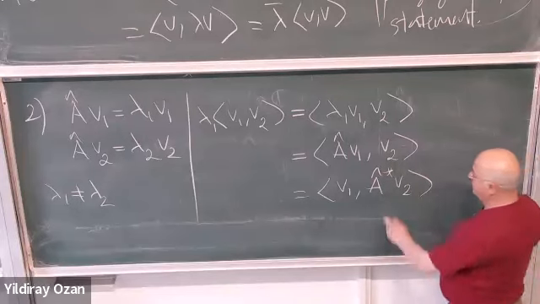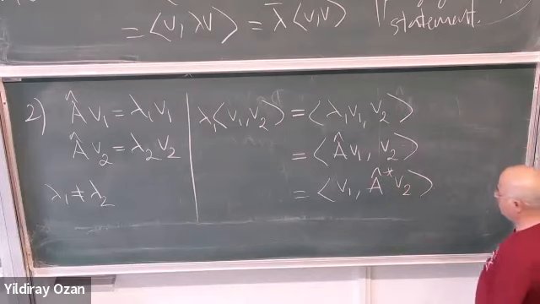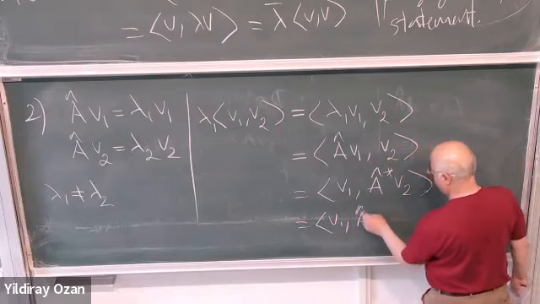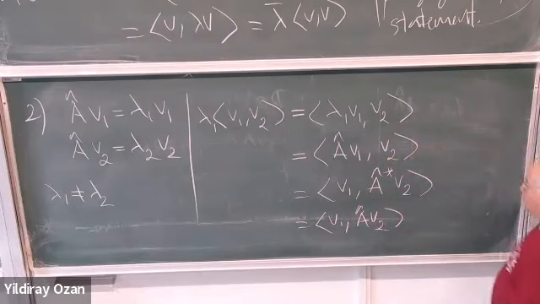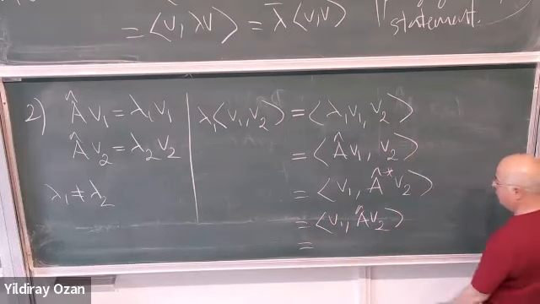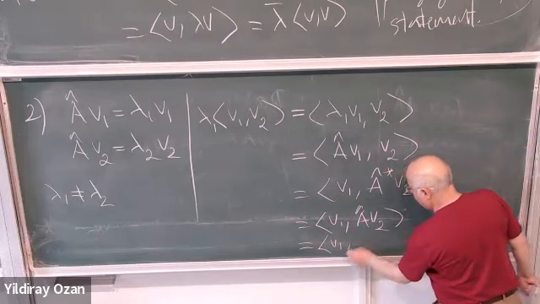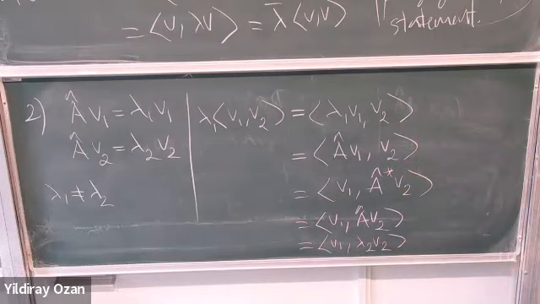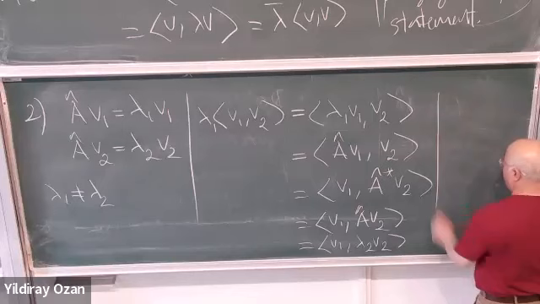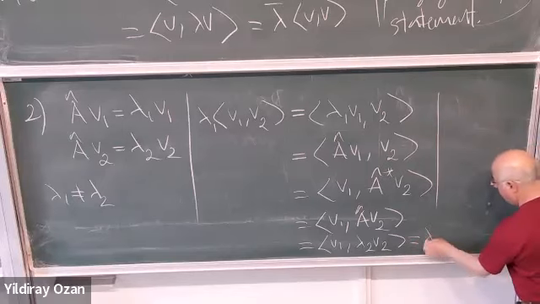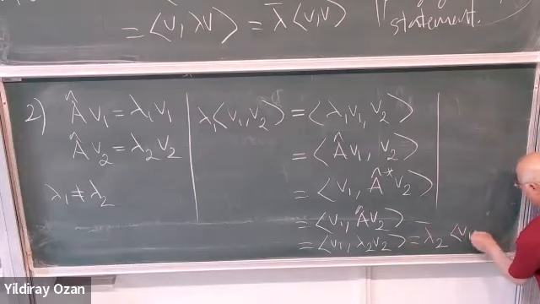But again, since A is Hermitian, this is equal to just V1, A hat V2. But A hat V2 is just what? It is lambda 2 V2. And that is just equal to lambda 2 bar times V1, V2.